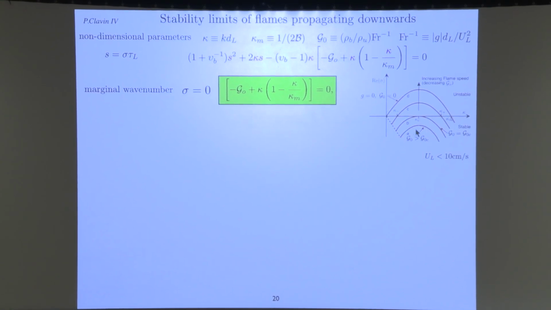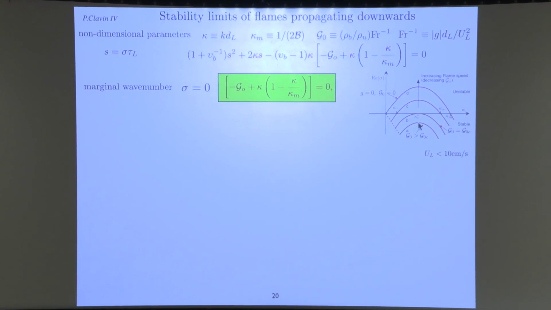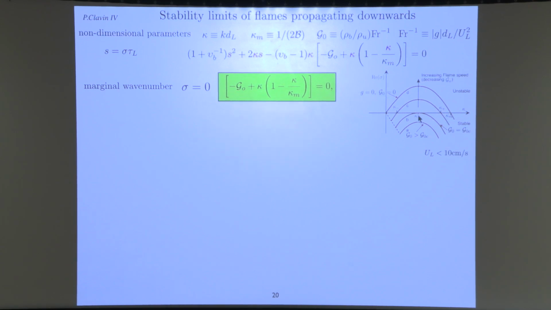And then, if you increase the flame velocity, you go to a marginal case here, and above this marginal case, you have two wave numbers. So you have a continuous set of unstable wave numbers, and if you go above, you find this situation here. It is written here.